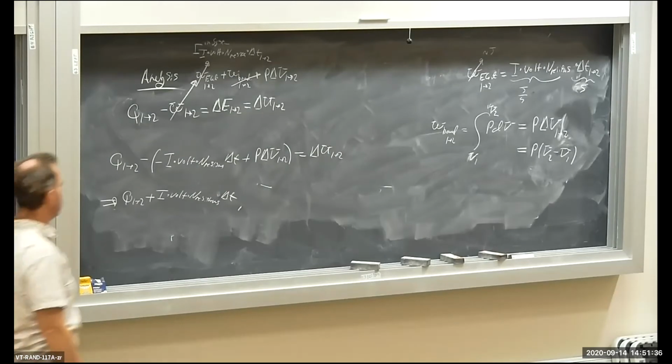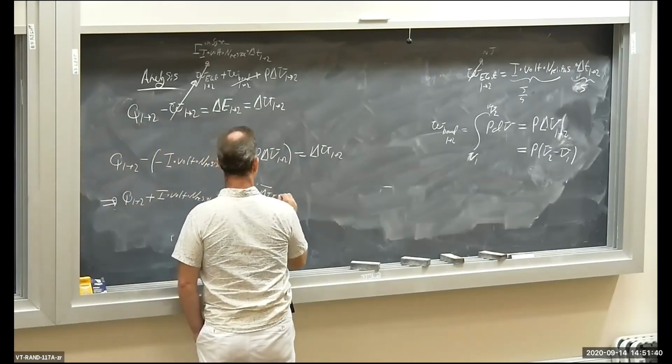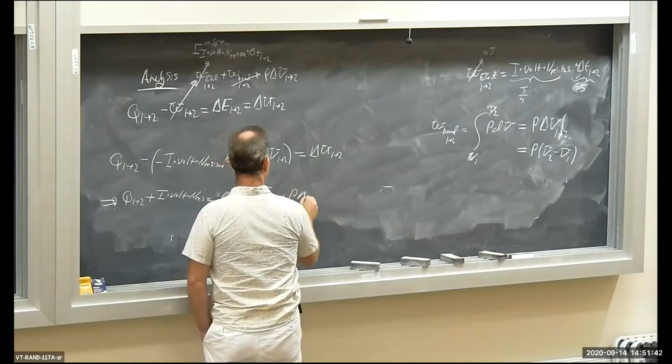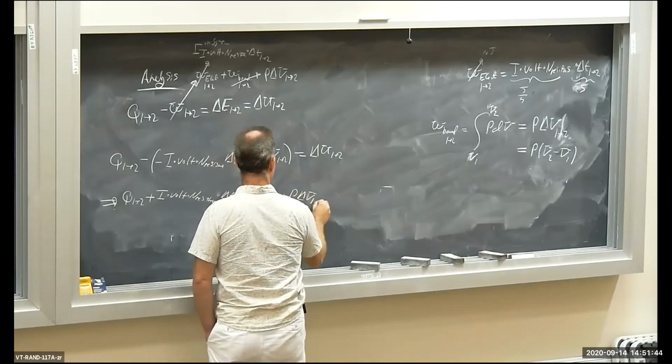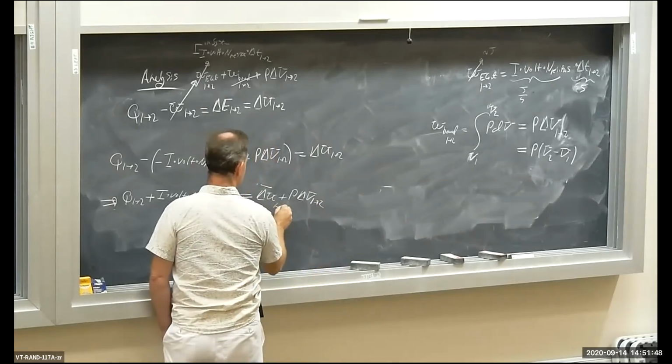And then I've got delta U plus P delta V from state 1 to state 2.